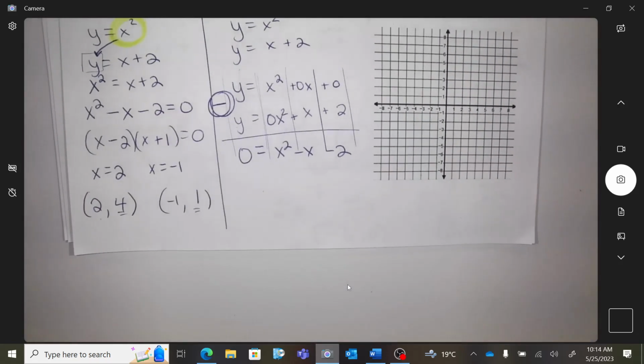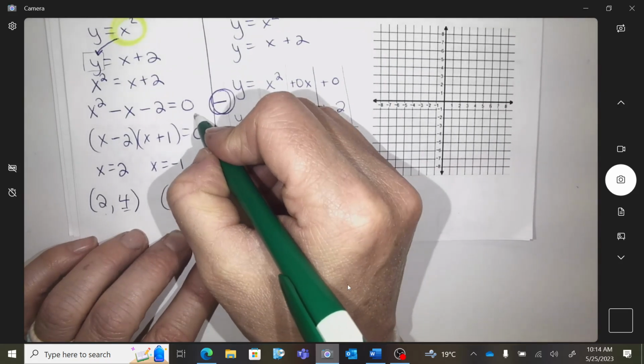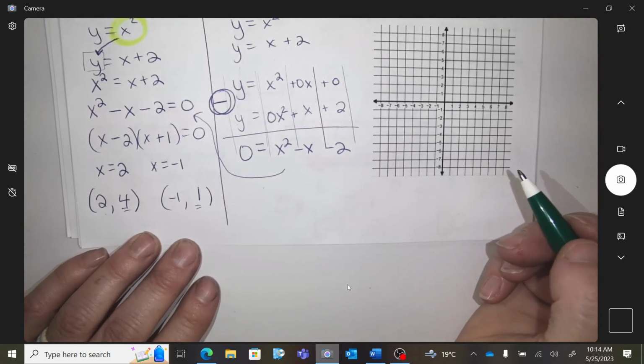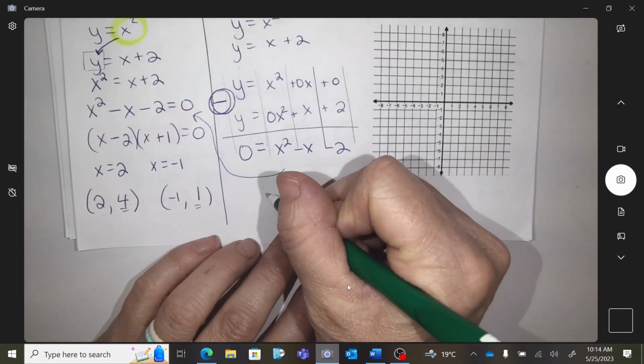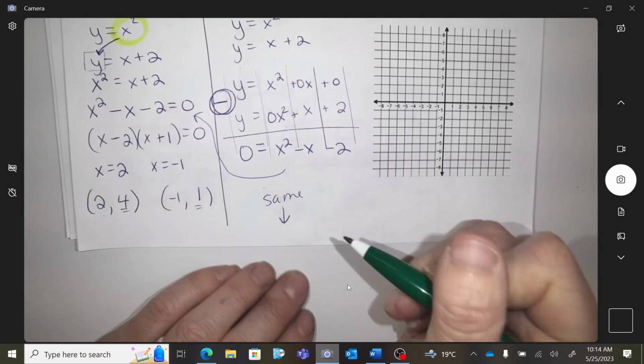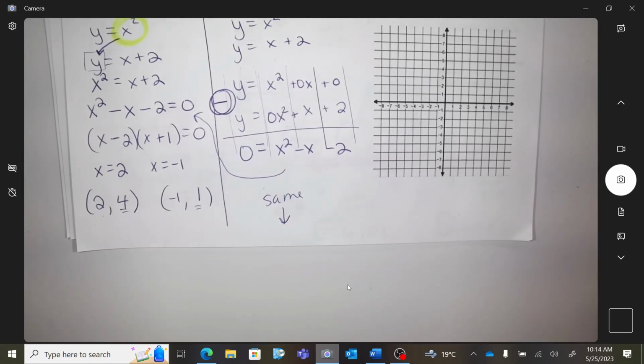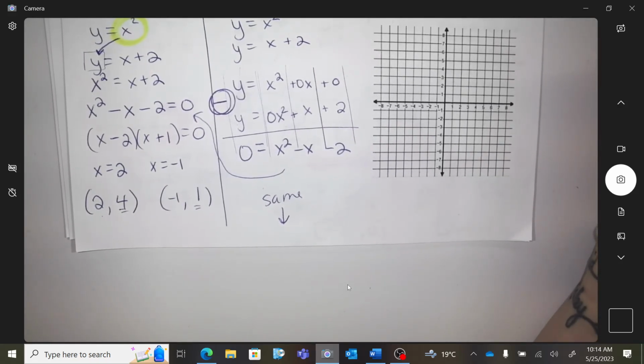And what do you know? Look at this. We got to the same spot. Okay, so I'm not going to solve that because everything from there on out would be the exact same as we just did. But I'm showing you that there's multiple ways to do this.